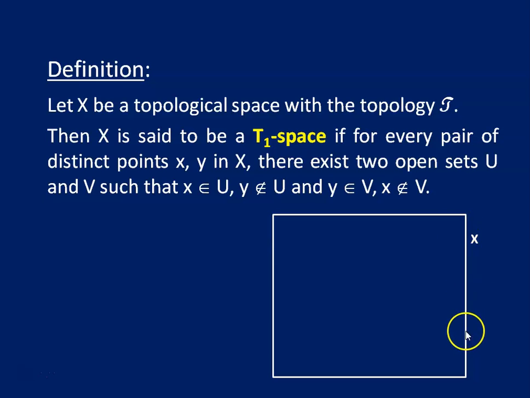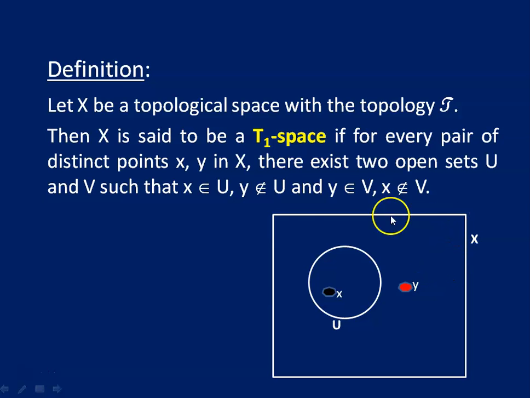So if this is our topological space X and we take any two points x and y, there exists an open set U which contains x but not y.